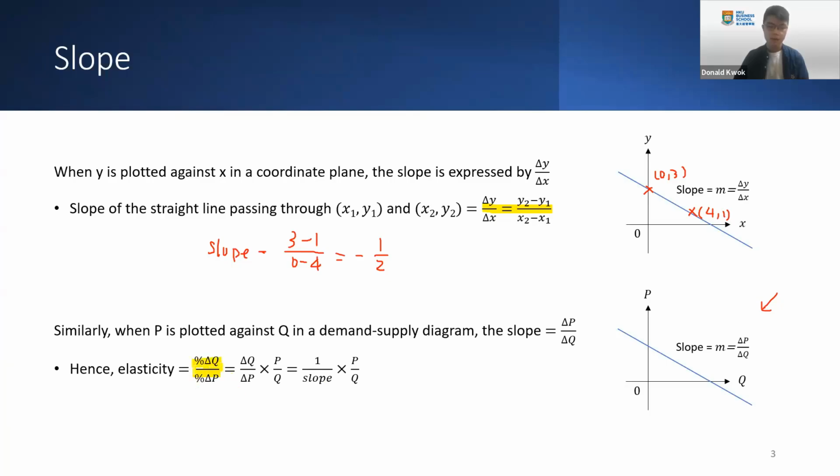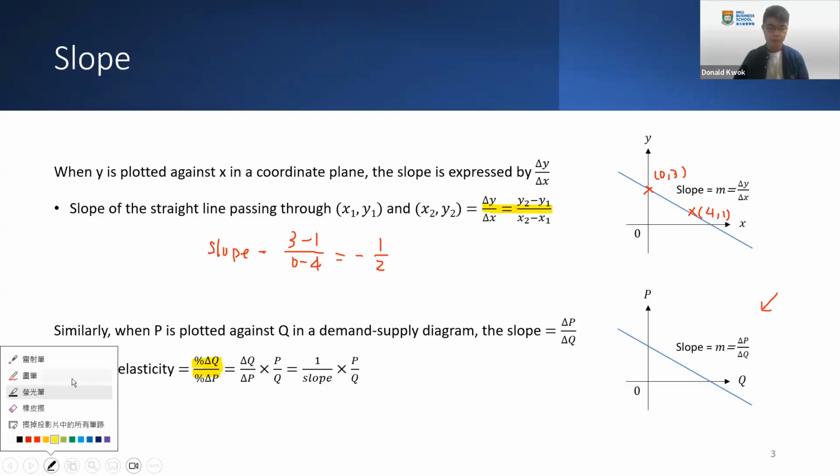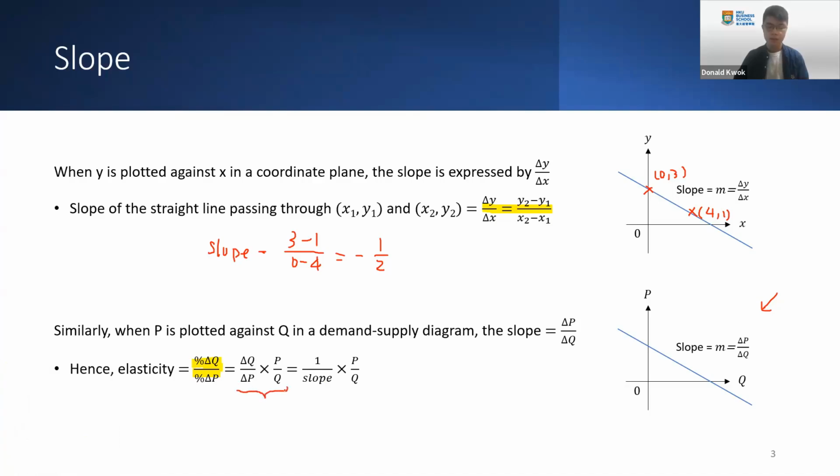If you decompose this, it would simply be delta Q over delta P times P over Q. Because we know that the slope coefficient is delta P divided by delta Q, delta Q over delta P would simply become 1 over the slope of the demand or supply curve. I hope this explains why we put 1 over slope as part of the calculation in elasticity.